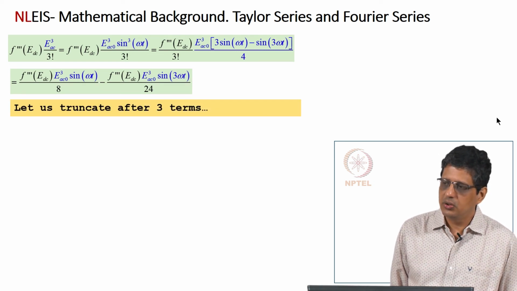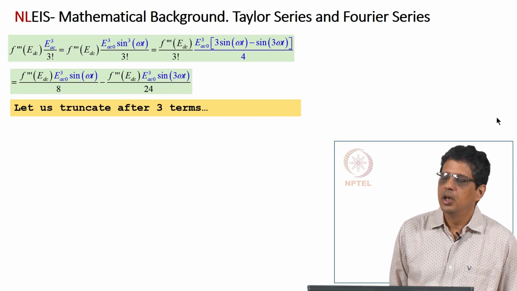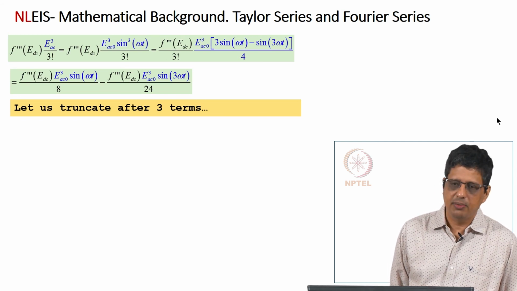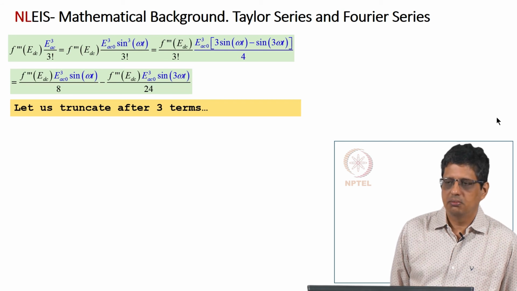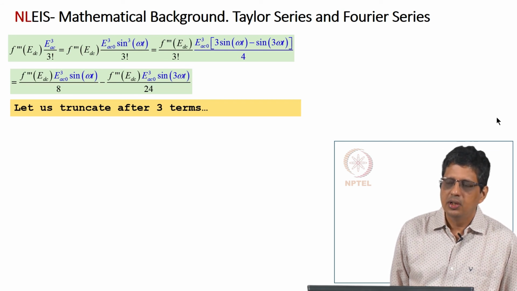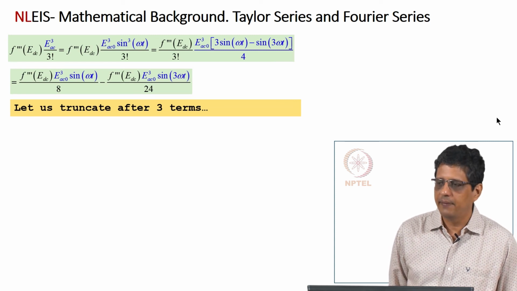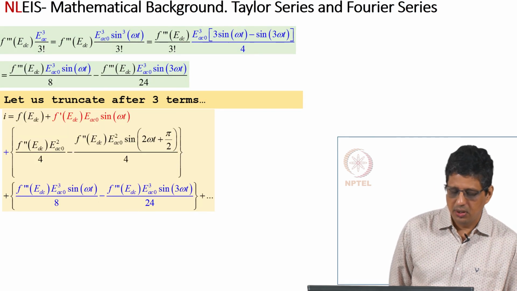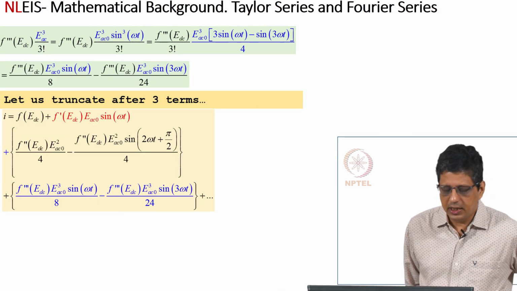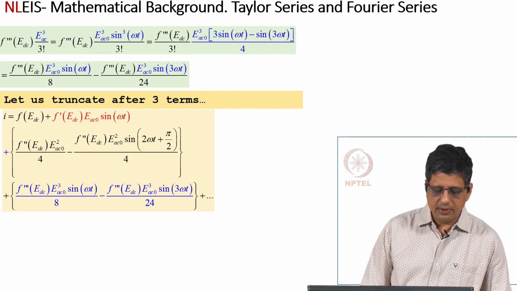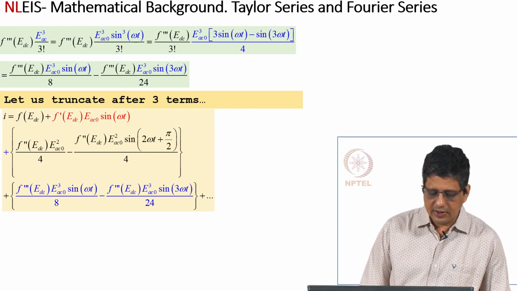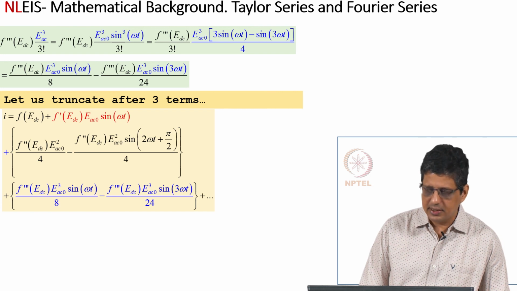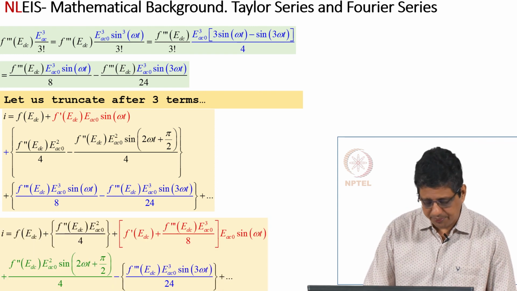So, we will say we are going to use up to 3 terms and then truncate, because in Taylor series you can write up to infinite number of terms and then you can rearrange them and group them, or we will truncate after 4 terms, 5 terms. The more number of terms you take, more accurate the calculation is going to be. So, if I say I am going to only take up to 3 terms, you can write first term DC, next term is the first response at fundamental, next term is the response at second, next term is the response at sin cube, which gives us fundamental as well as 3, and you can rearrange.